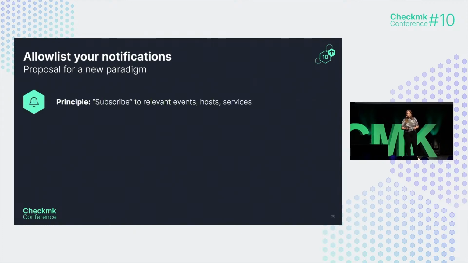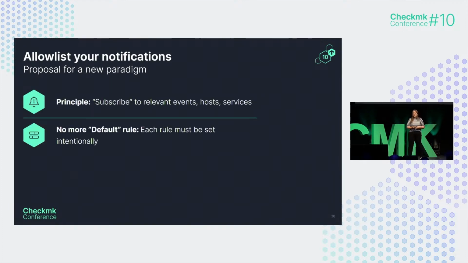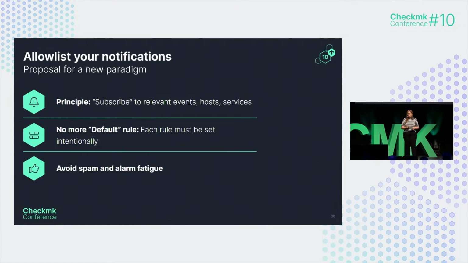The principle for this would be subscribe to relevant events, hosts, and services. This, of course, implies that there won't be a default rule anymore. So every rule has to be set up intentionally. There's nothing we provide in the beginning, no one rule to notify them all. In theory, this can avoid that spam and alarm fatigue that we want to avoid.